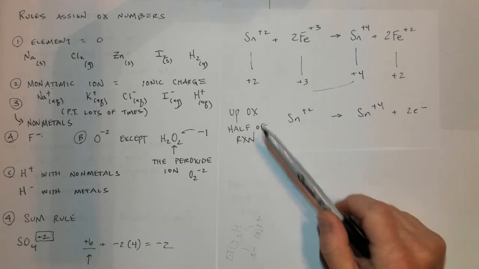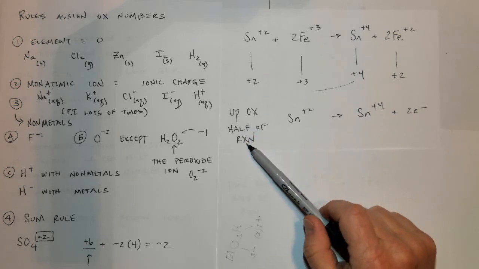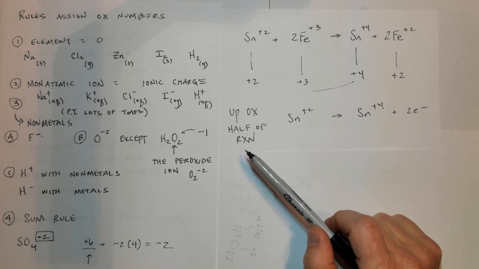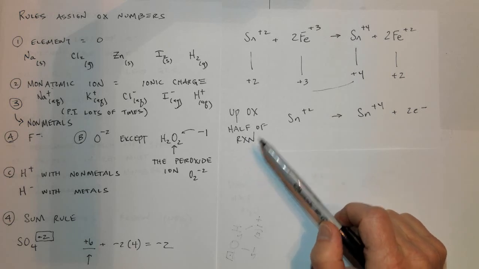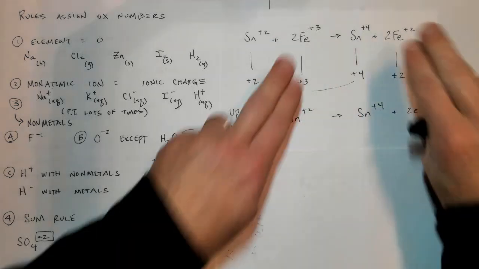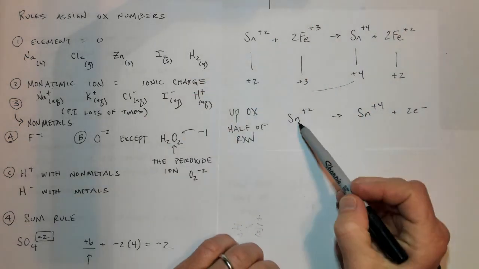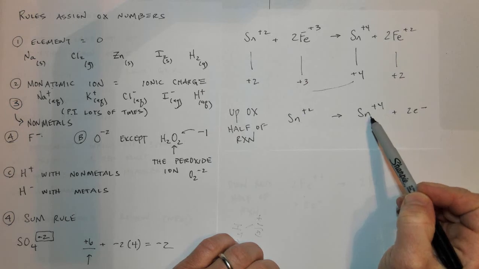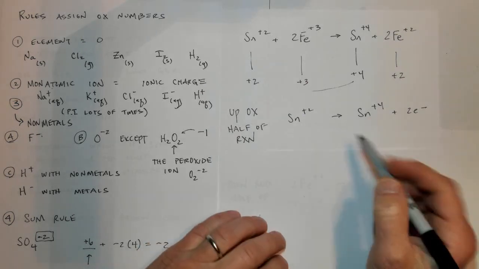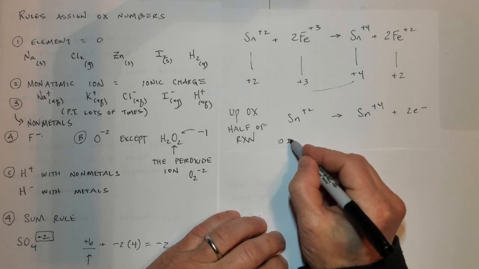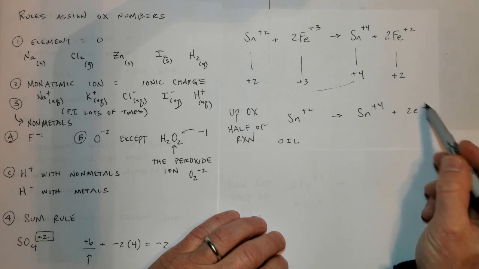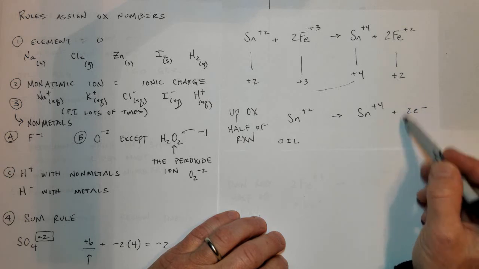From this, we can write what are called half reactions. And the half reaction that undergoes oxidation is the tin. And so we ignore the iron for right now, and we just write the tin going from plus 2 to plus 4, and then we illustrate how that loss of electrons took place, because remember, oxidation is loss of electrons, by writing a 2e minus right here.